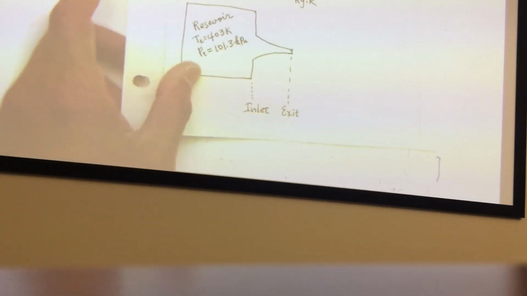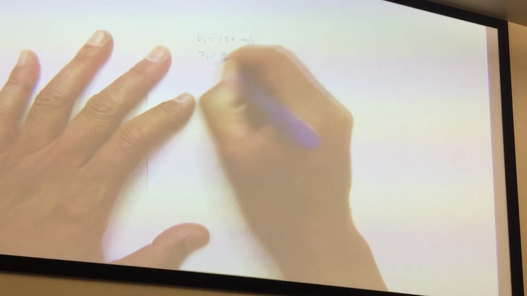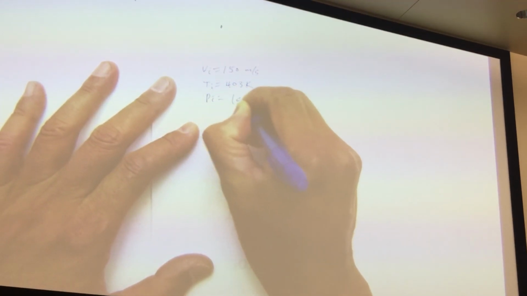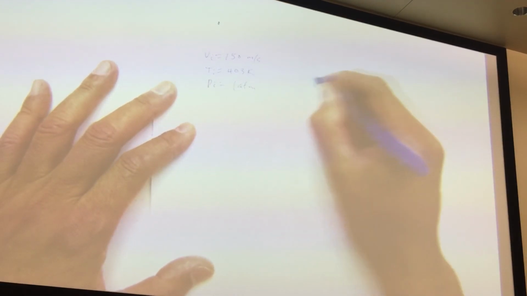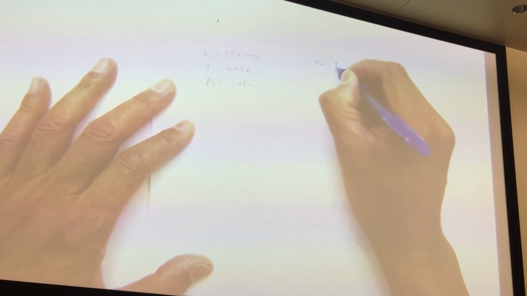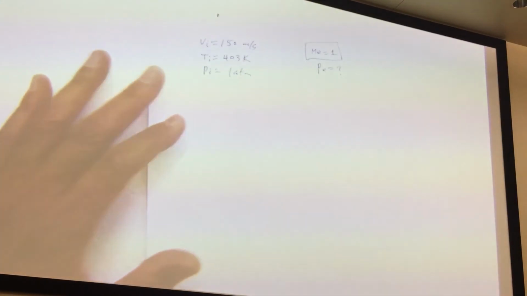So the next example is VI equal to 150 meters per second, TI again is the same, 403 Kelvin, PI equal to 1 atm. But I want ME equal to 1, then this is choked, right?